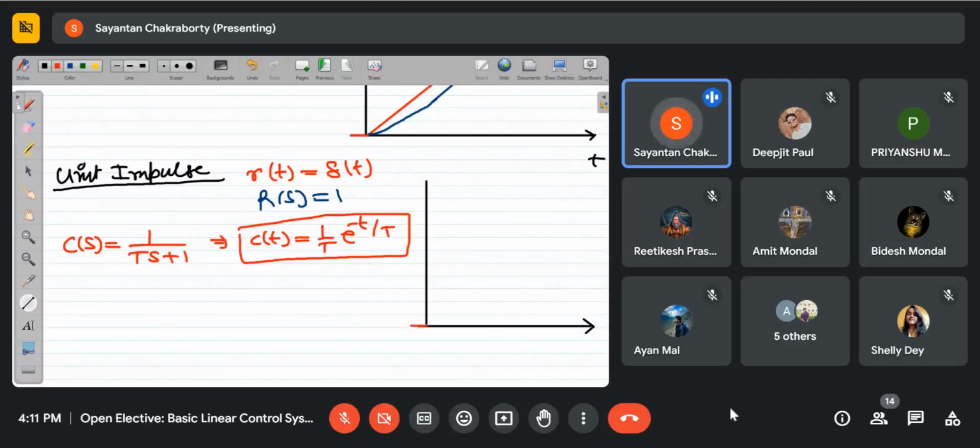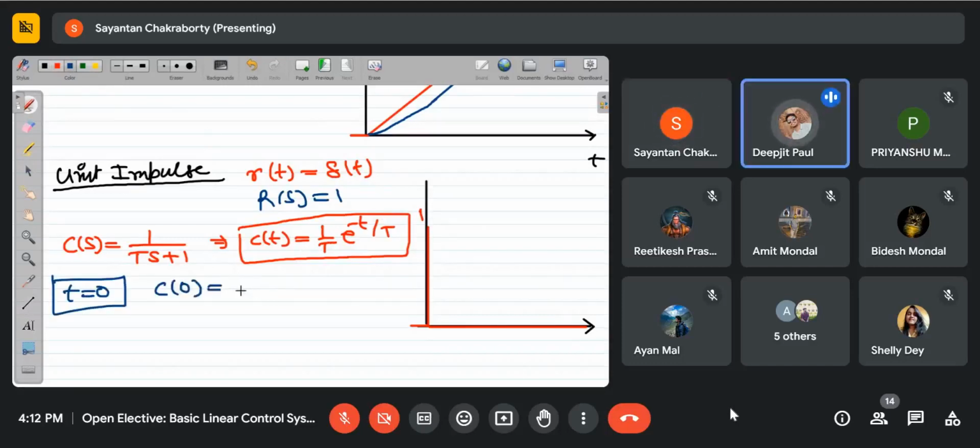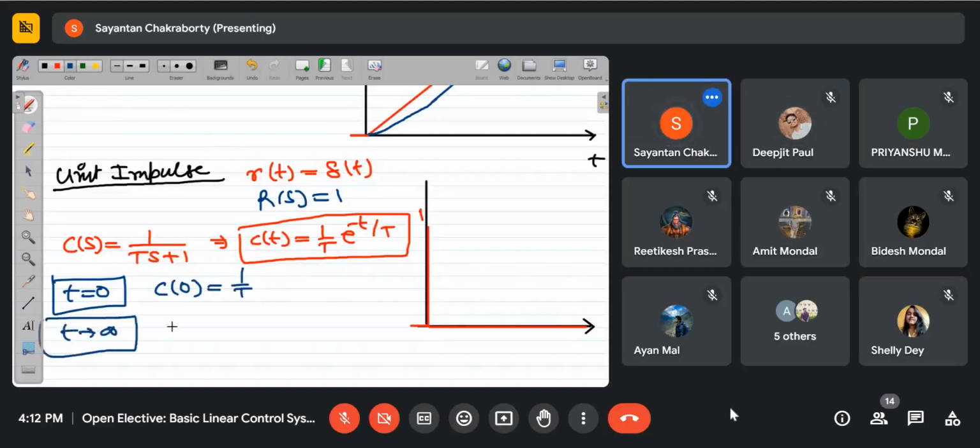So the input is like this. 0. And this is the value of 1. And the output will be starting from t equal to 0. What is the value of c(t)? Dirac delta function. At t equal to 0, what is the value? 1 by T. And t tends to infinity, c(infinity) is equal to 0.